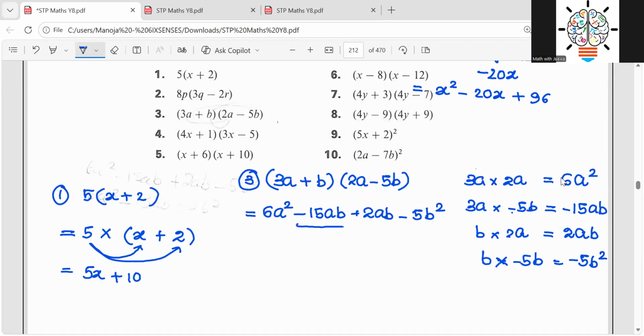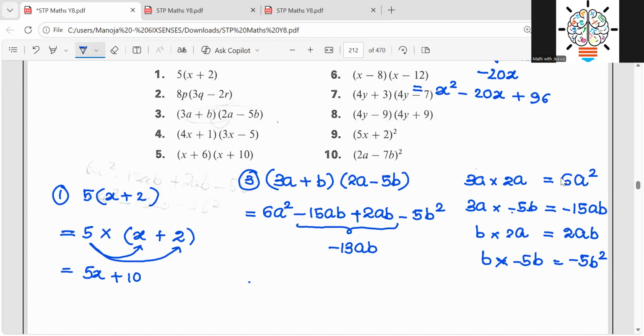So these are like terms. You can see negative 15ab and positive 2ab. You have the different signs. I told you, if you have the different signs, you want to get the difference of the numbers. 15 and 2, the difference is 13. 13ab, and you use the negative sign because the higher digit is 15 and it has the negative sign.